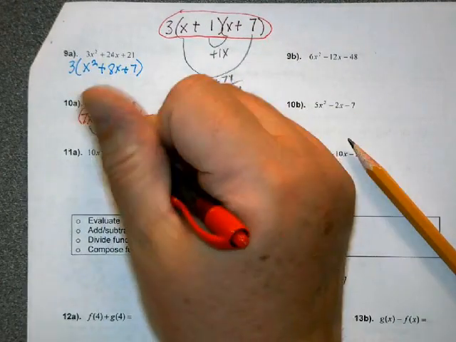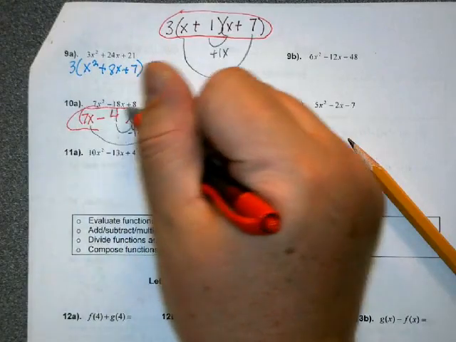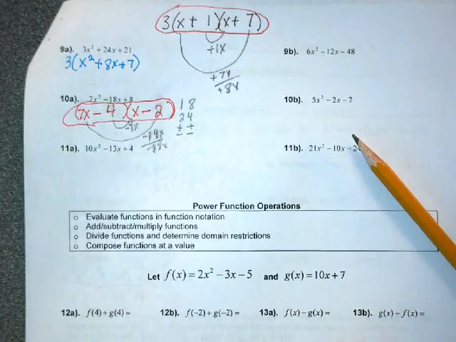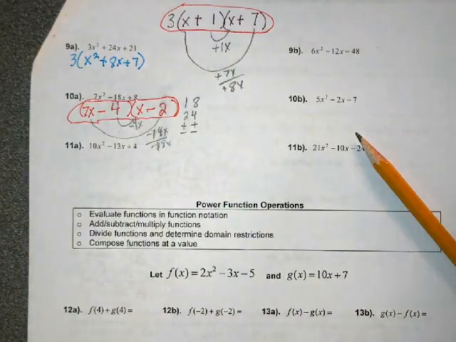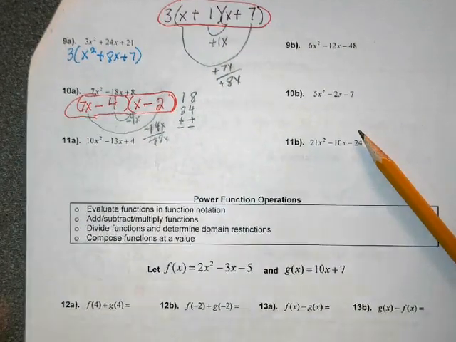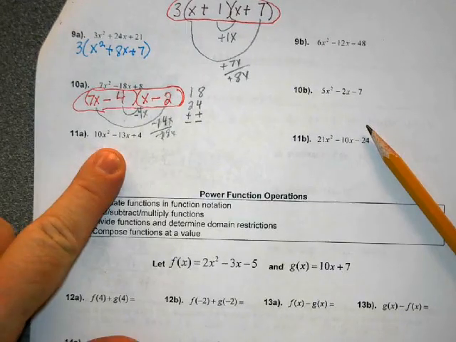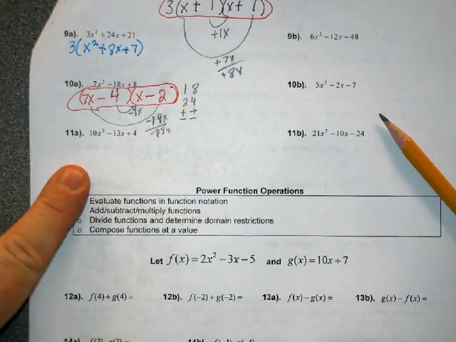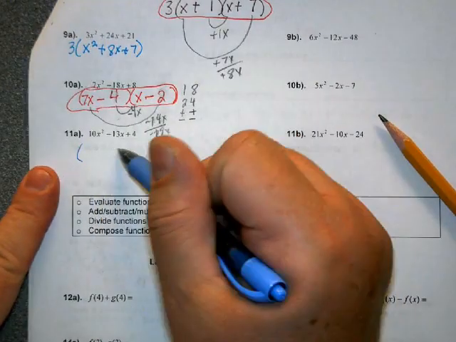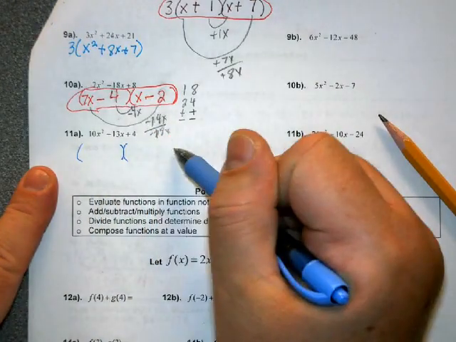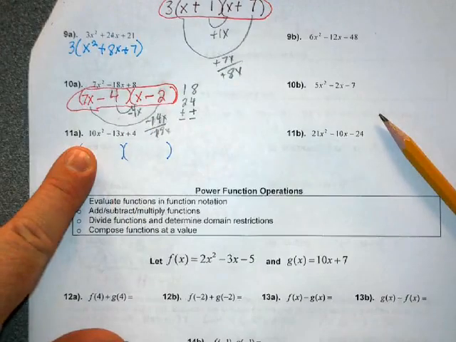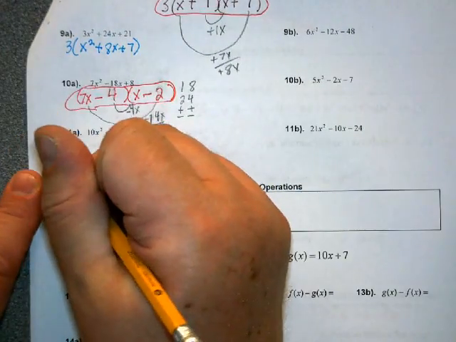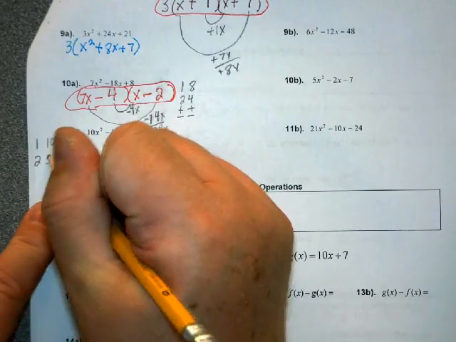And then 11A. Can we factor anything out? Nope. So this one's going to be a little harder because we have factors for the 10: 1 and 10, and 2 and 5. And we have factors for the 4, which is 1 and 4, 2 and 2.